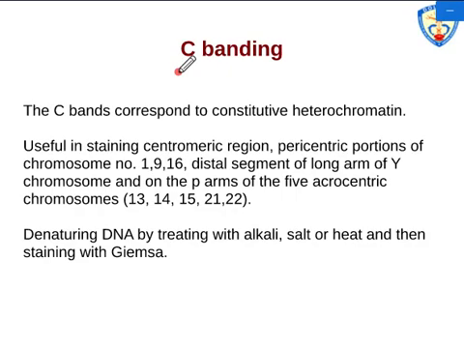C banding. C bands correspond to constitutive heterochromatin. They are useful in staining the centromeric region, the pericentric portions of chromosomes number 1, 9, 16, the distal segment of the long arm of the Y chromosome, and the short arm of the 5 acrocentric chromosomes, that is chromosome numbers 13, 14, 15, 21, 22.